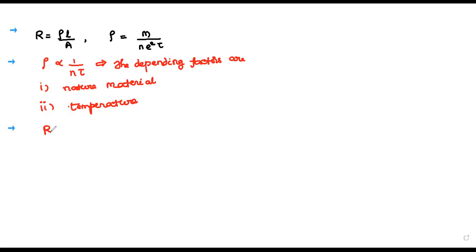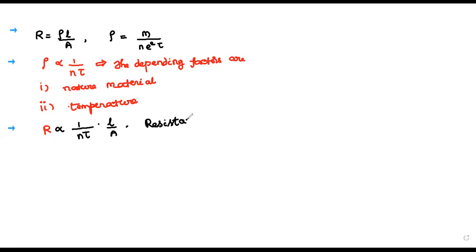So R is inversely proportional to N tau, as usual, which are the depending factors of rho, and additionally you get L by A.